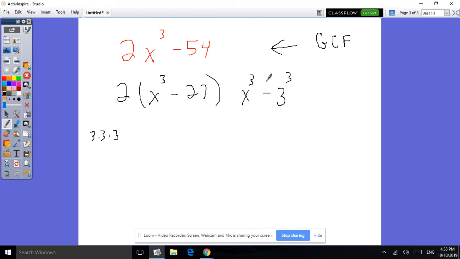There's a formula for this. And the formula is a cubed minus b cubed is equal to, parentheses, a minus b times a squared plus ab plus b squared.